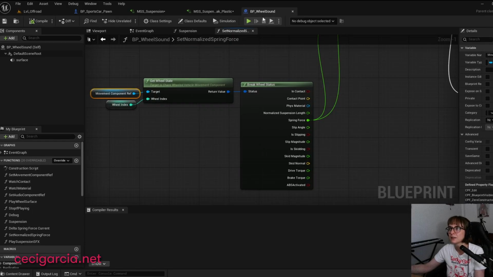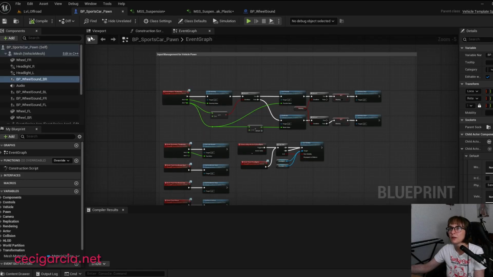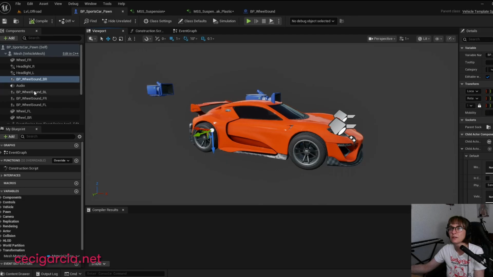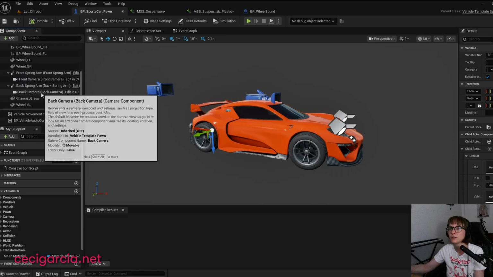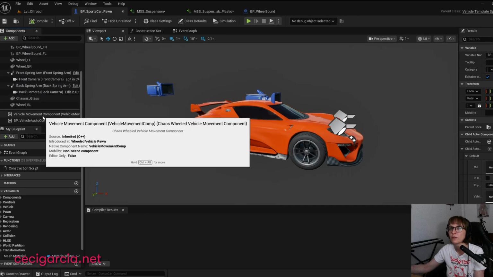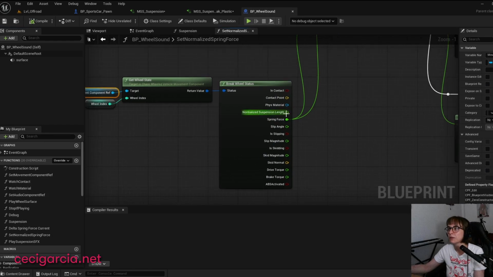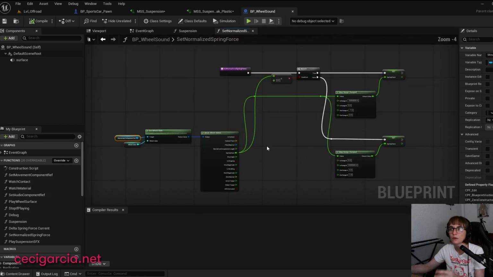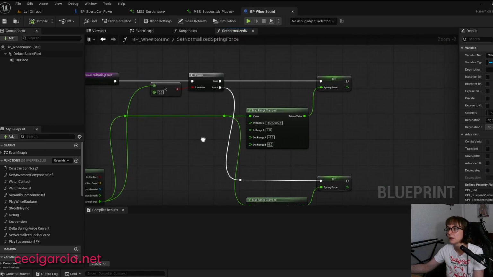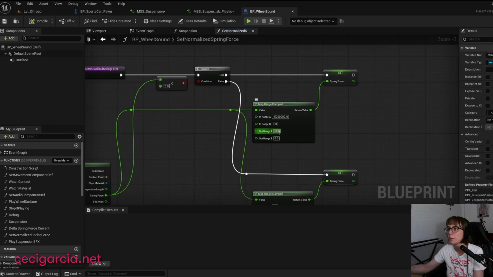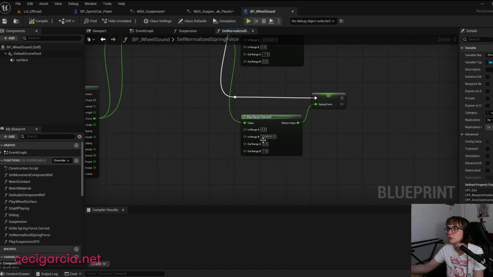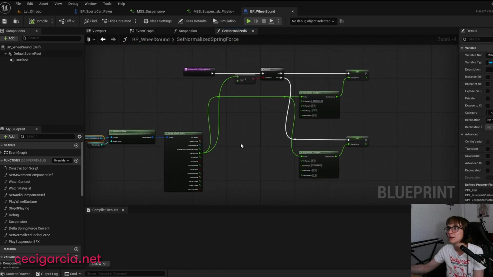It's placed next to each wheel in the car, so there's one for each wheel. From the vehicle movement component you get this value, the spring force, which is a big number with a lot of zeros. So I normalize it from -1 to 1 and set it there.